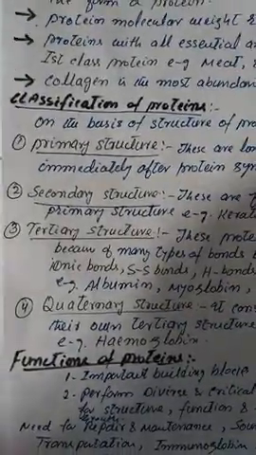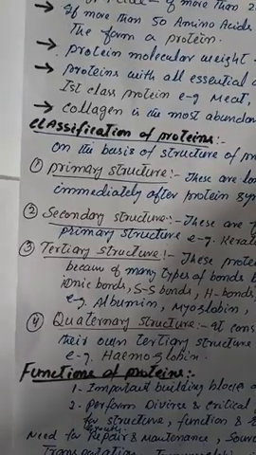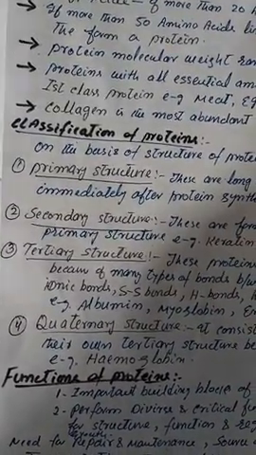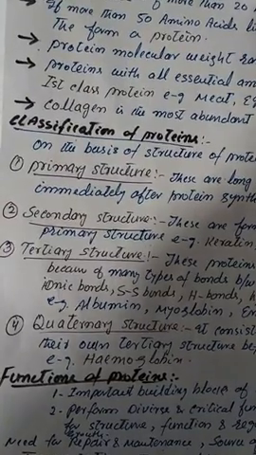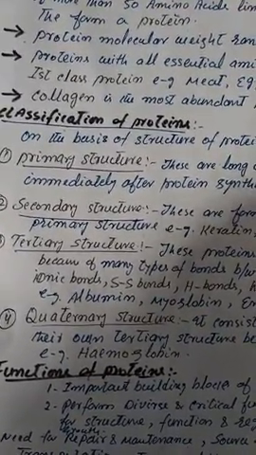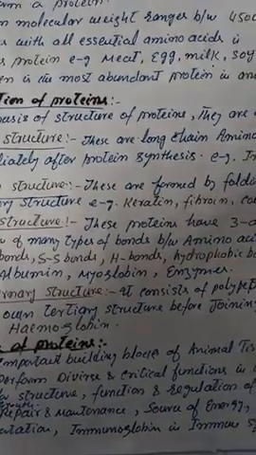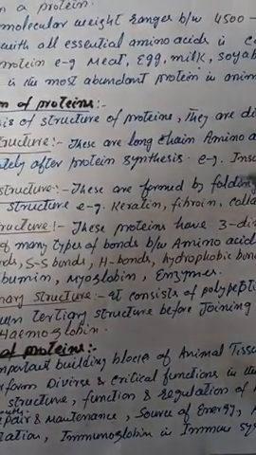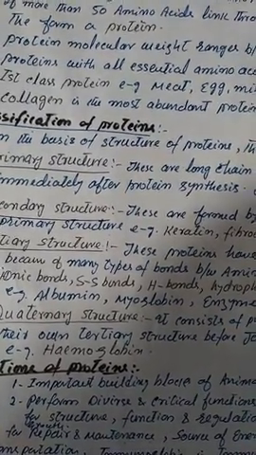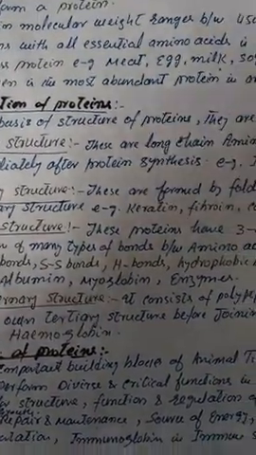Now, the functions of the proteins. These proteins, as we know, are the important building blocks of animal tissues, and they perform diverse and critical functions in the body and are required for structure, function and regulation of these bodies, tissues and organs.